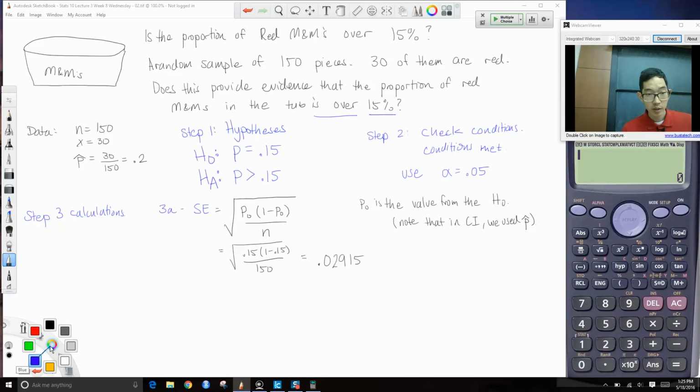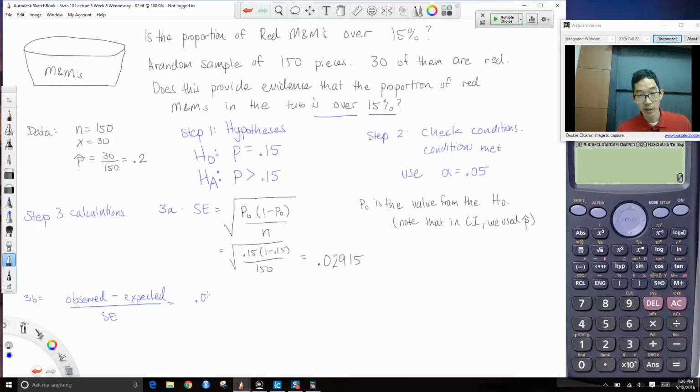Okay. Our test statistic is the comparison between the reality versus our expectation, or our observed minus expected divided by the standard error. Okay, so in this case, what we observed was a proportion of 20%, or here, let me do it symbolically. Symbolically, we've got p hat minus P0 divided by the standard error. This is our Z, okay?